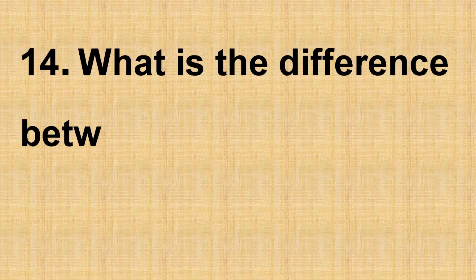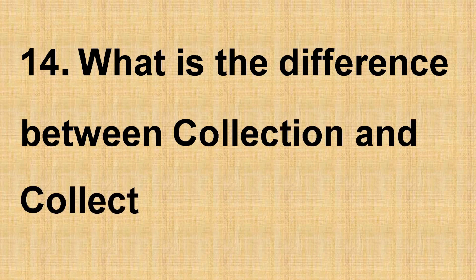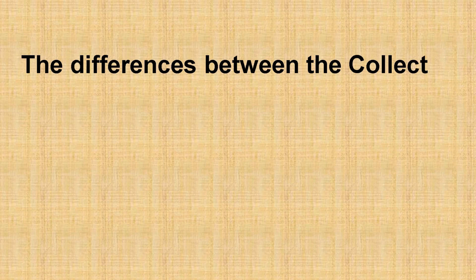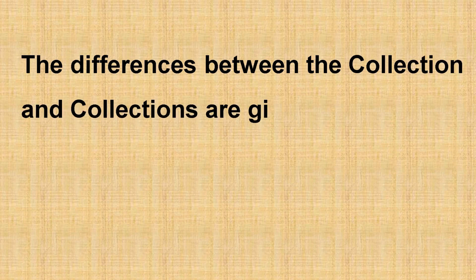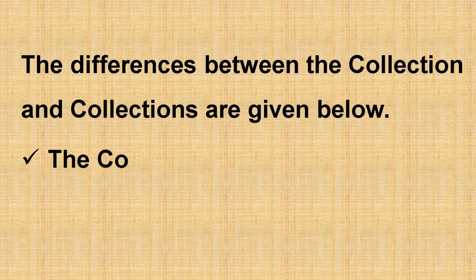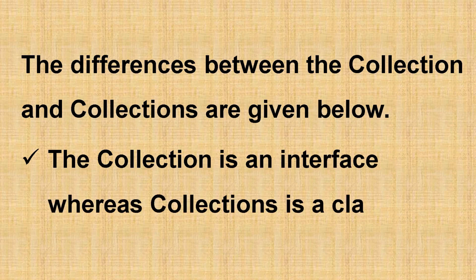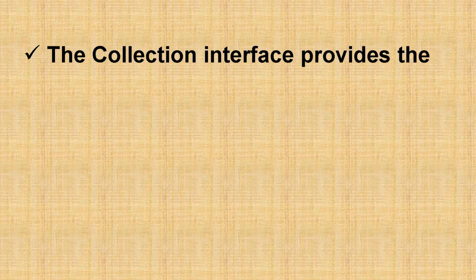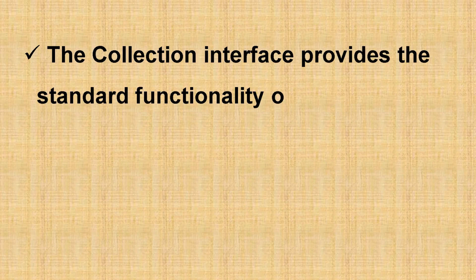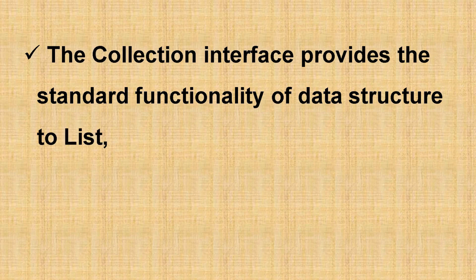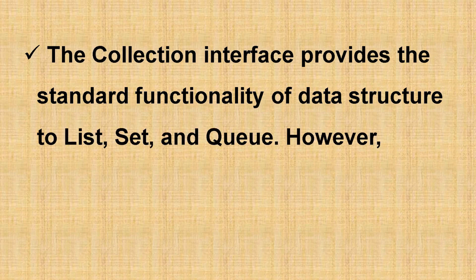What is the difference between collection and collections? The differences between the collection and collections are given below. The collection is an interface whereas collections is a class. The collection interface provides the standard functionality of data structure to list, set, and queue.